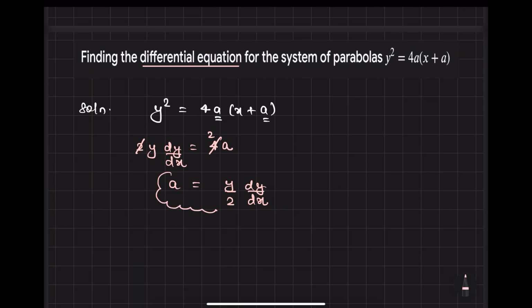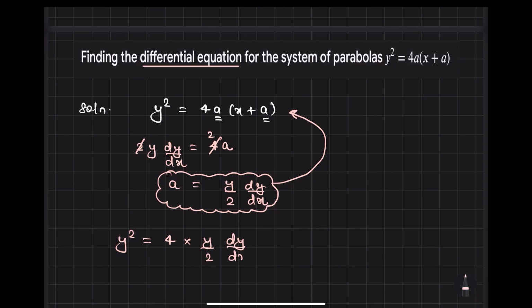Okay. Now what we will do? We will use this value and substitute it here to write down the final result free from any arbitrary constant. So we got y square equals 4 times, in place of a we have to write y by 2 dy by dx, and then we have x plus y by 2 dy by dx.